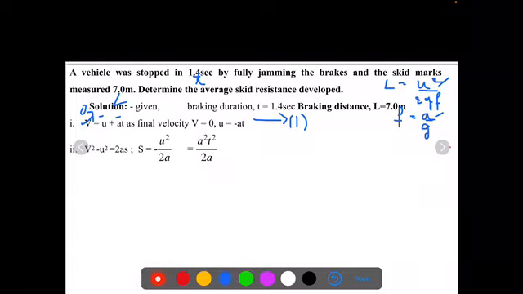But we have one more relationship, v square minus u square is equal to 2as. In this, s is nothing but the braking distance, so s is equal to u square divided by 2a. With the previous equation we have the relationship between u and the acceleration. Now substitute the value from equation 1 into equation 2. The value of v square will be 0, so we get s is equal to minus u square divided by 2a.